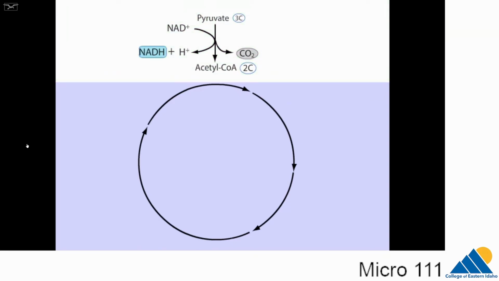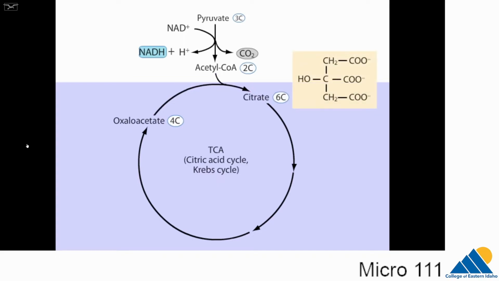In the next pathway, called the TCA cycle, acetyl-CoA combines with a 4-carbon molecule called oxaloacetate to generate a 6-carbon molecule called citrate, or citric acid. Citrate is a tricarboxylate, a triple acid, and gives the tricarboxylic acid cycle its name. This pathway is also known as the citric acid cycle, or Krebs cycle.